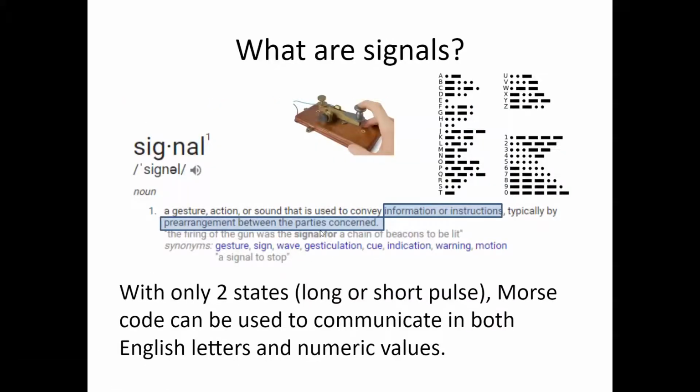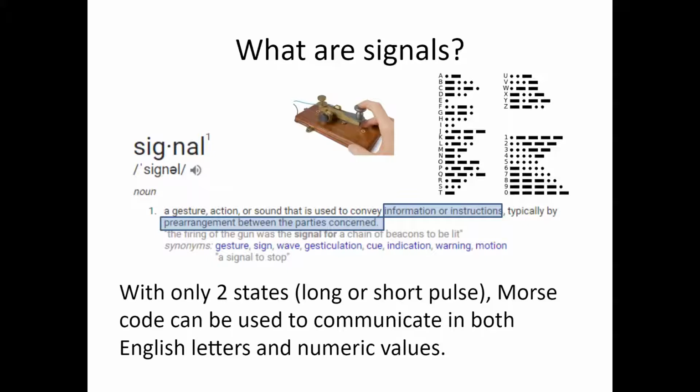Okay, so this slide was skipped, so let's get back to it. So what are signals? This is the Google definition right here. The most important parts are bold, in blue. Signals have two states, a long or a short pulse. With these, you can use Morse code, as you guys probably have heard, to communicate in numbers or letters.